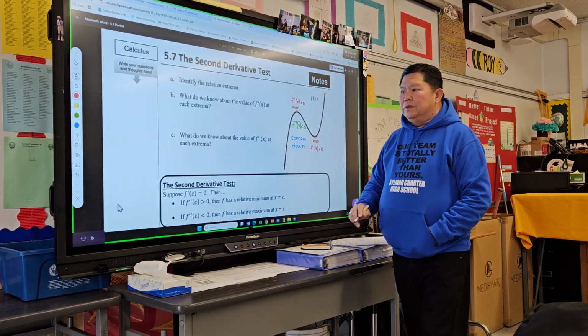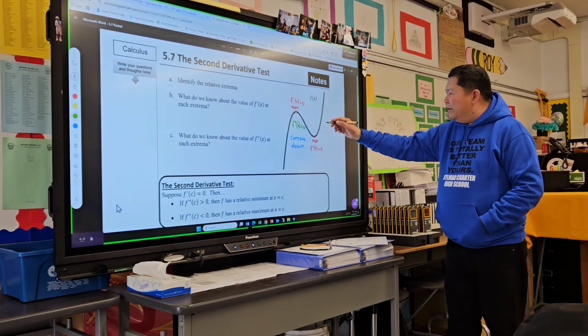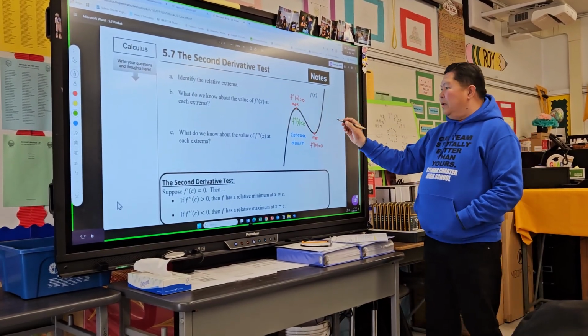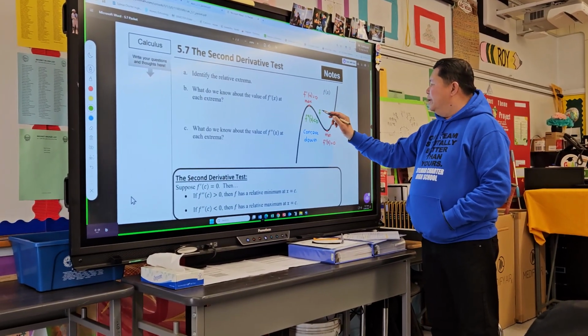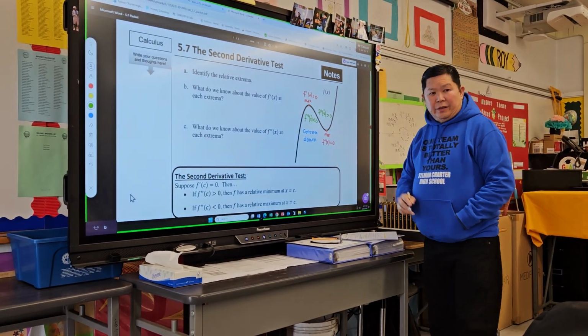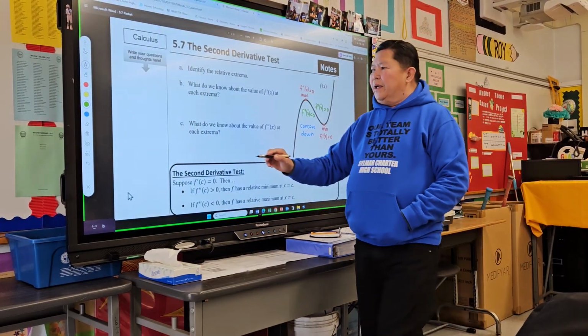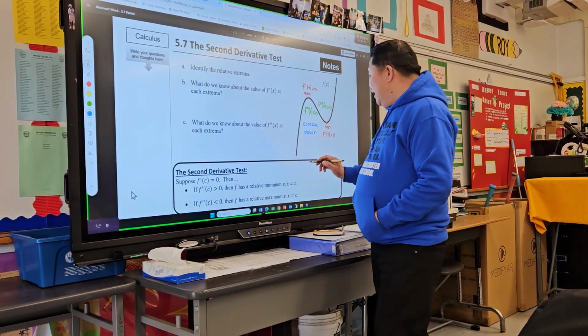And then we have the f double prime, since the concavity is up. So f double prime right here of x must be greater than 0. Okay? And then concavity is up. So concave up.